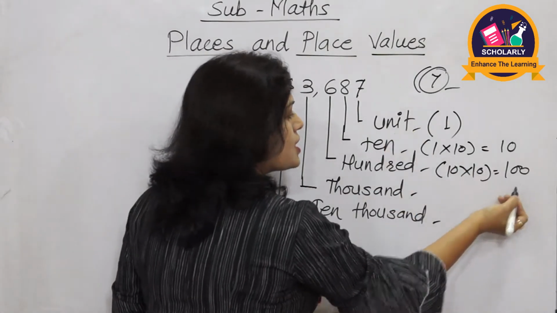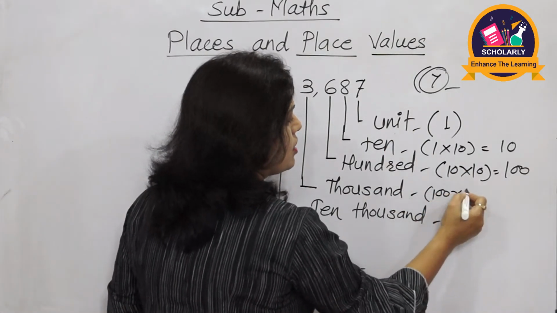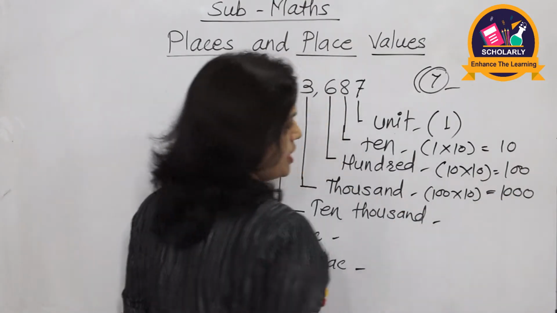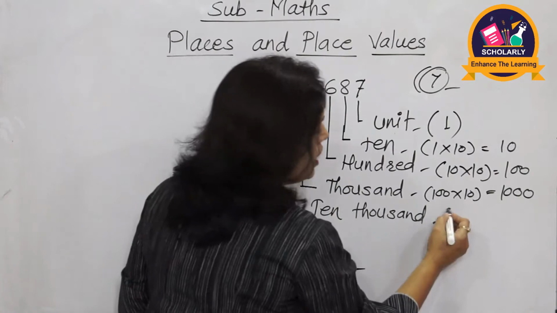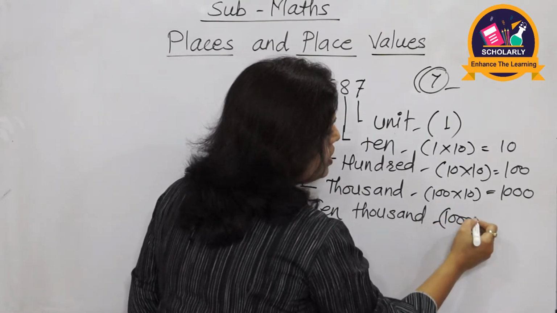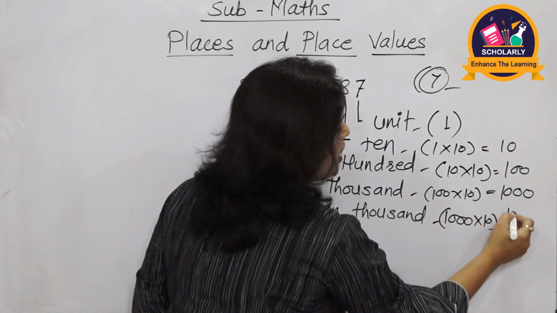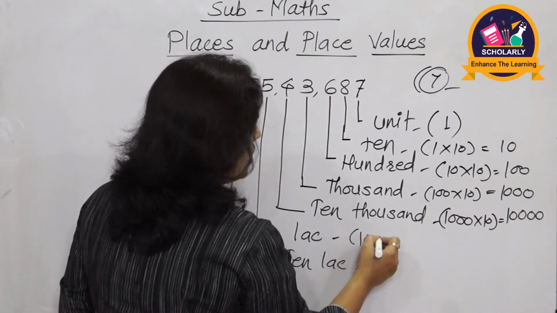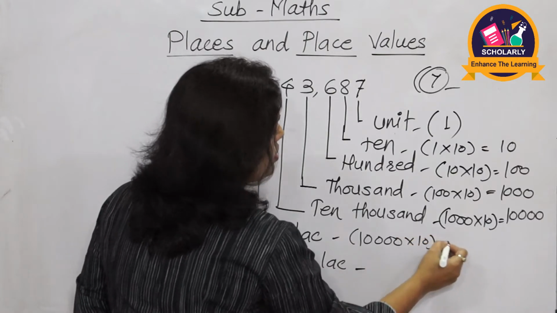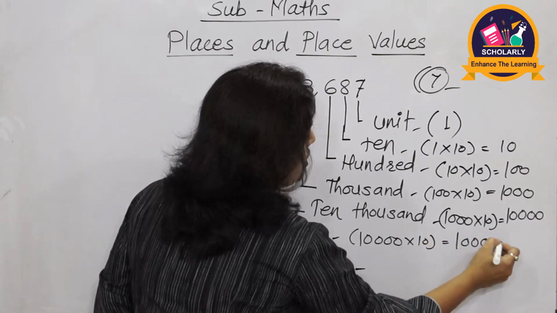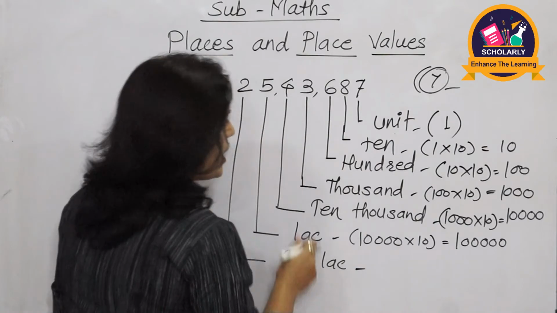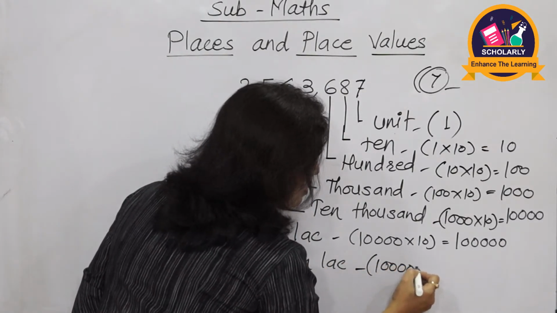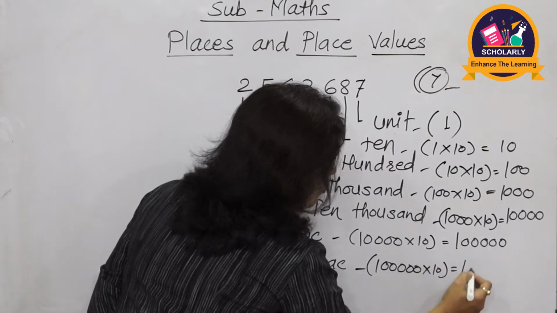If we multiply this 100 by 10, then you will get the next place, that is 1000 place. In the same way, if we multiply this 1000 by 10, we will get 10,000. Then 10,000 into 10, that is 1 lakh. And the last place in this number, that is 10 lakh, 1 lakh into 10, we will get 10 lakhs.